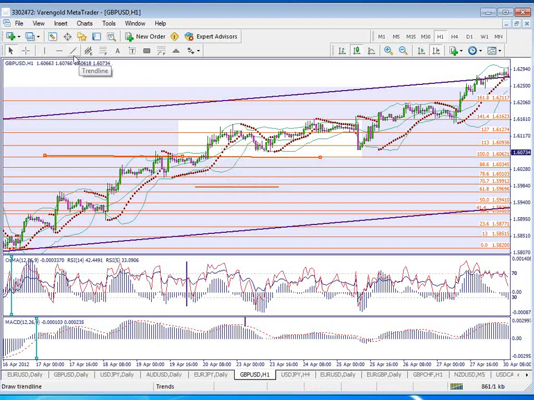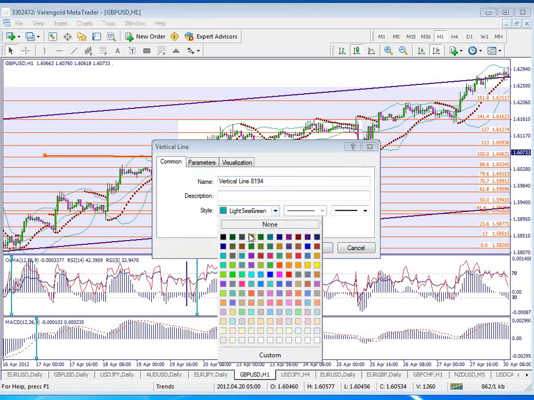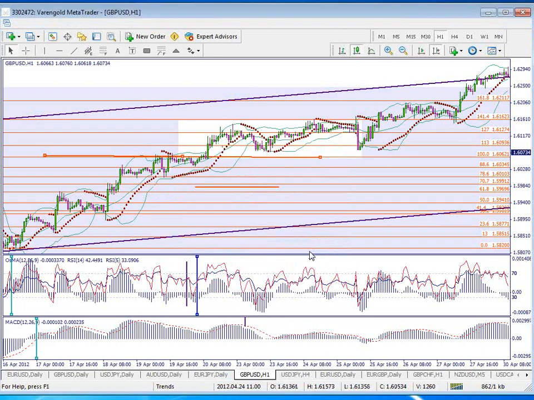So I have here one signal for buy. I have here one other signal for buy.